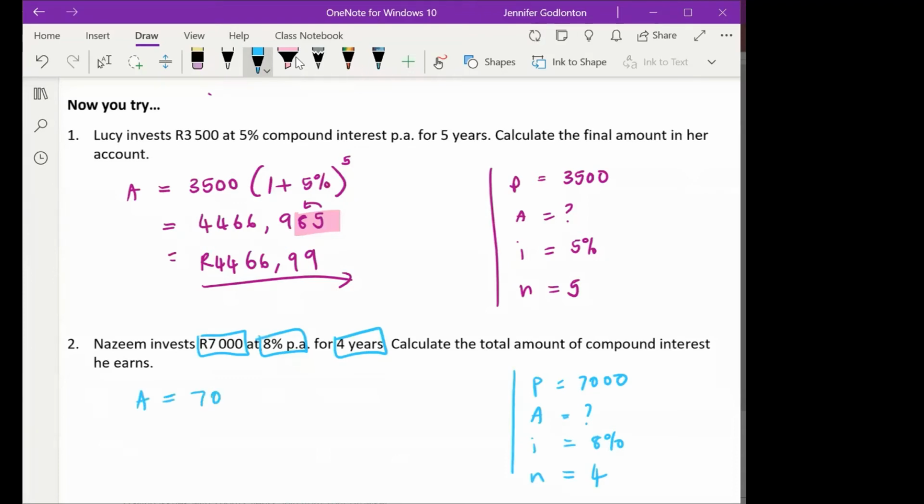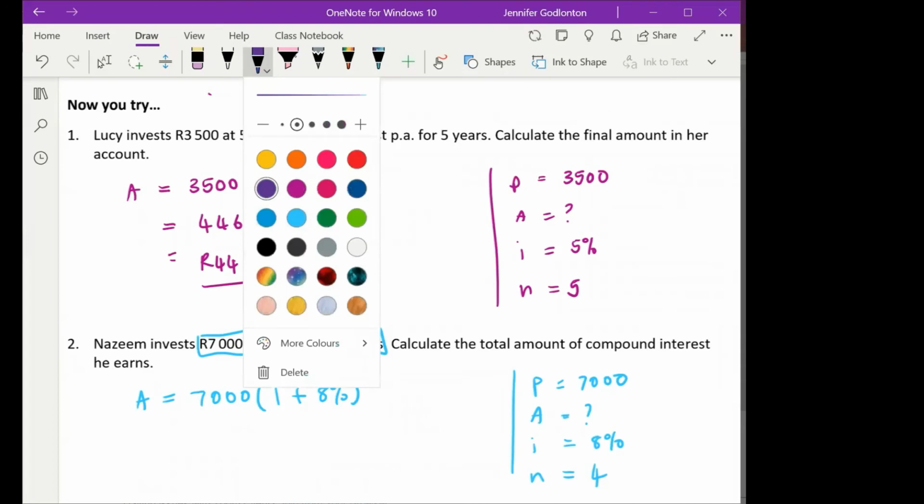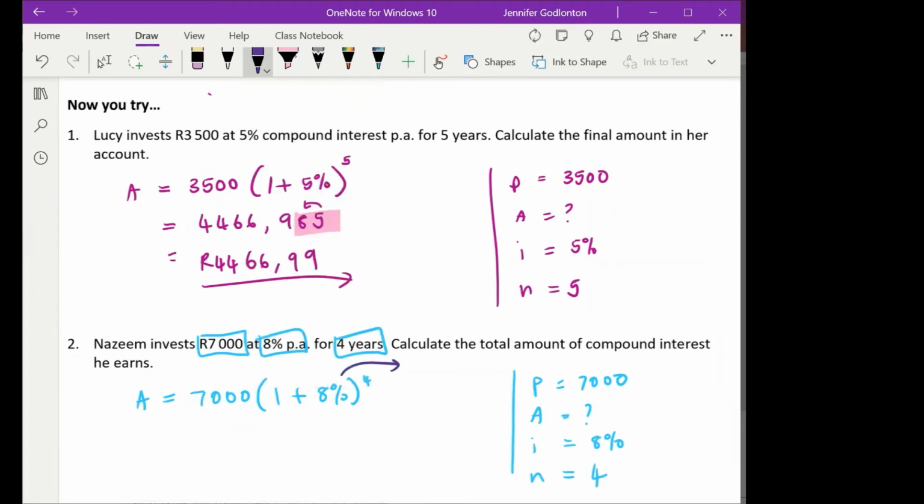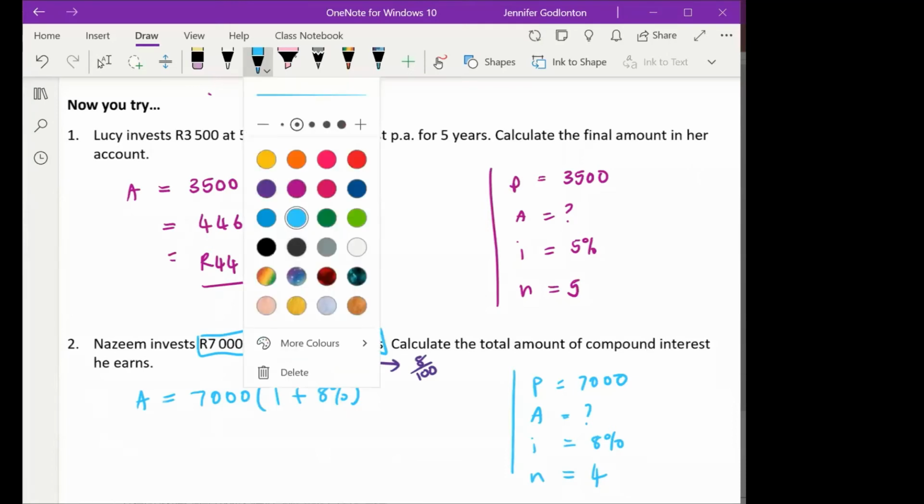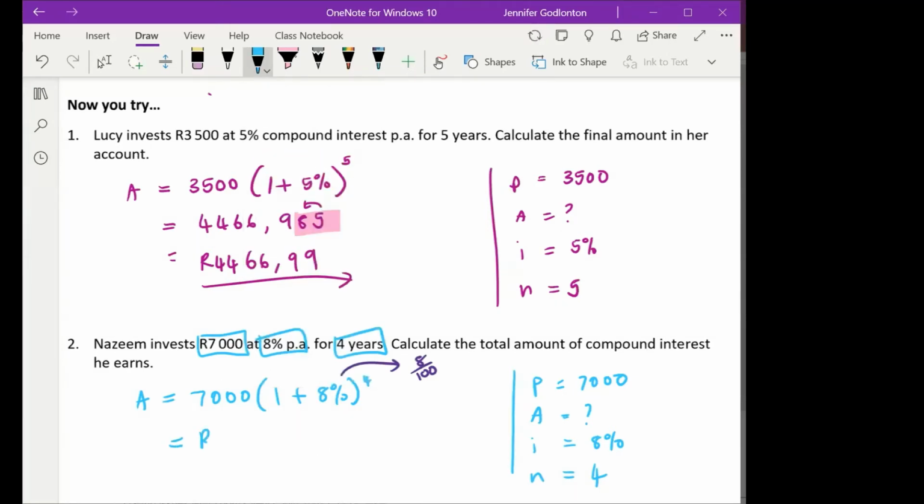A equals 7,000 times (1 plus 8%) to the power of 4. Remember, if you're struggling with percent on your calculator, write that as 8/100. Okay, and we get the beautiful answer of 9523,42.